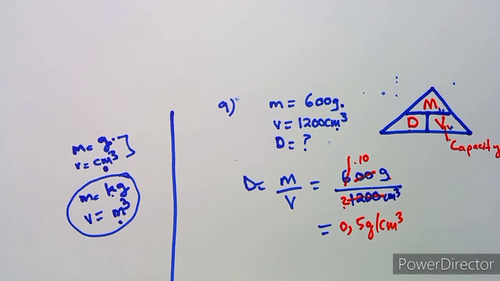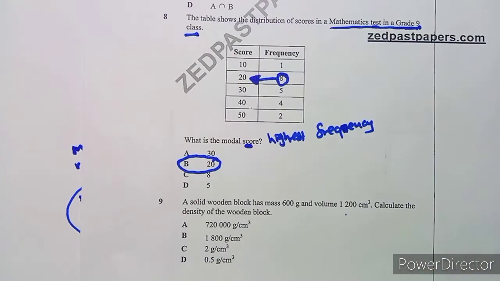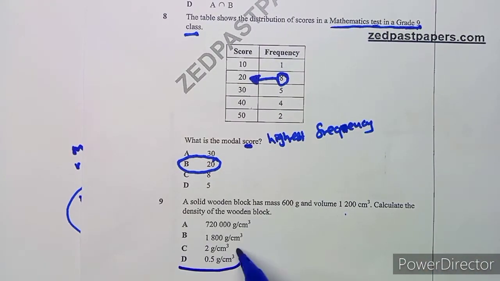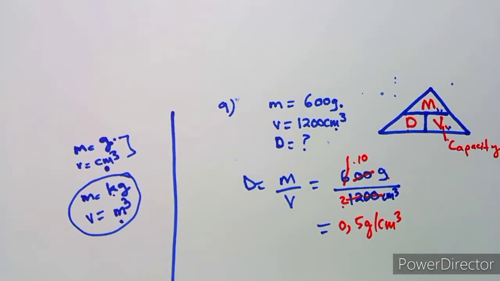And where do we have our 0.5 grams per cubic centimeter? We have this in this part here, which is our D. So our answer there was actually D. So that was like that, guys.